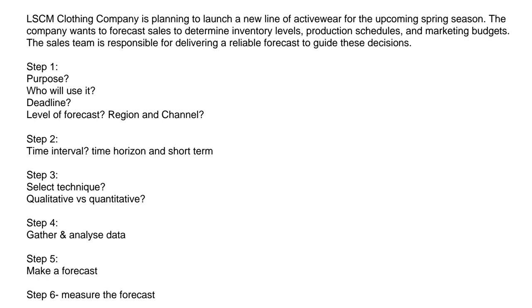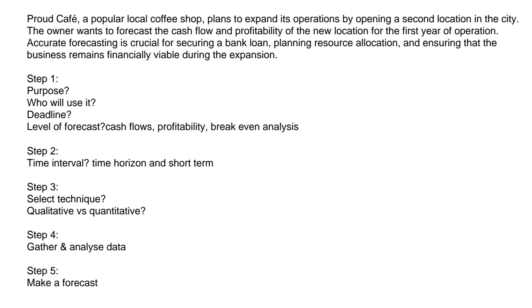Sorry, I just want to go back to your comment there. Step 4 has nothing to do with the cafe sales per day. Not really. It's mainly from a previous, historic data perspective. So gathering and analyzing data from a historic perspective.